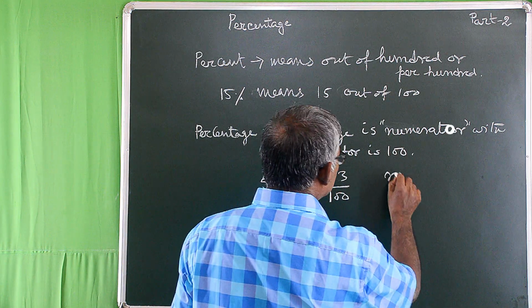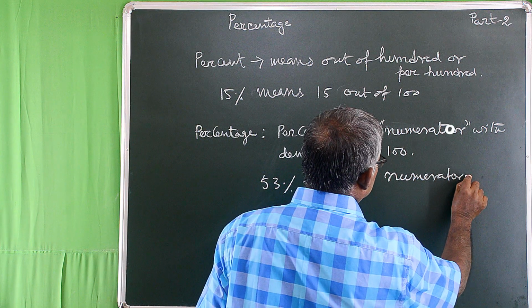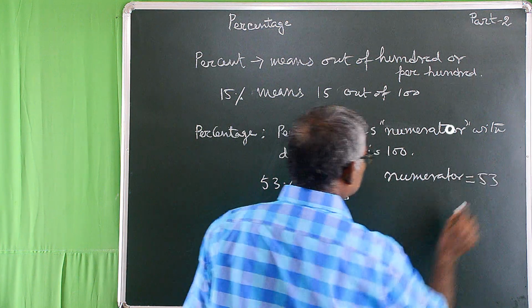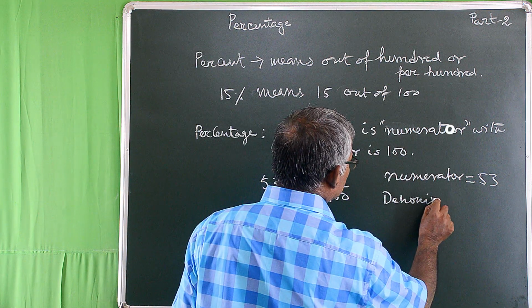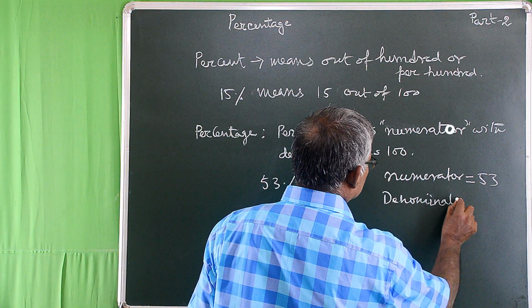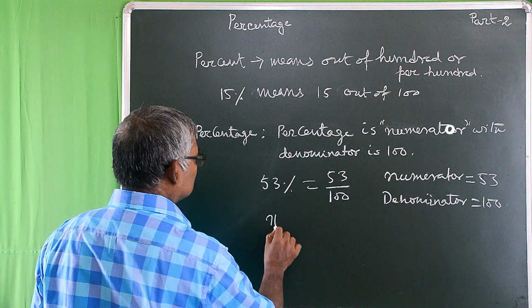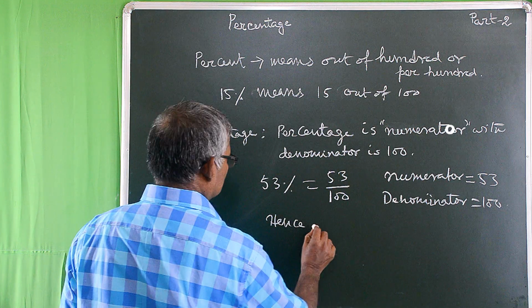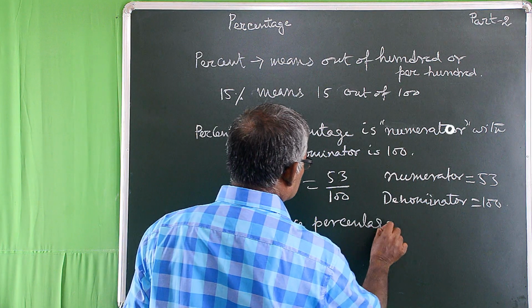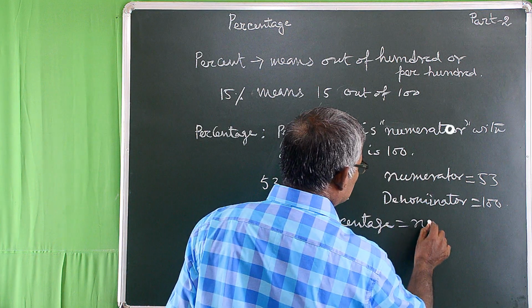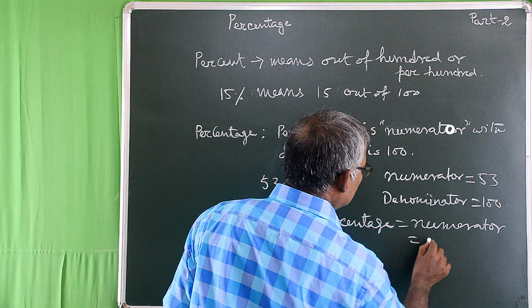Here numerator equal to 53 and denominator equal to 100. Hence percentage equal to numerator, equal to 53.